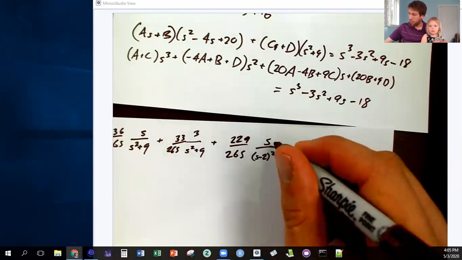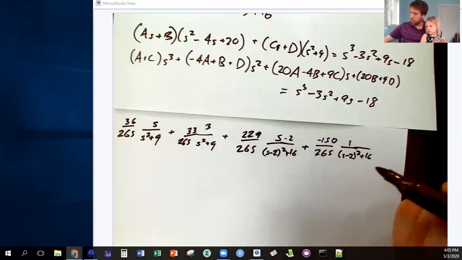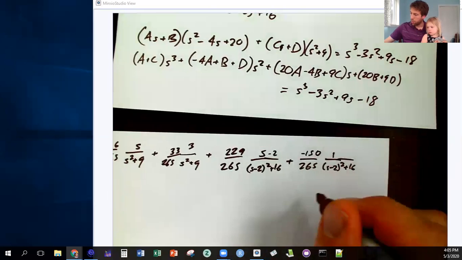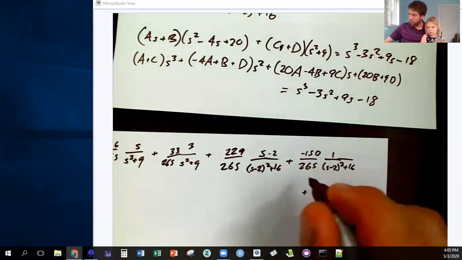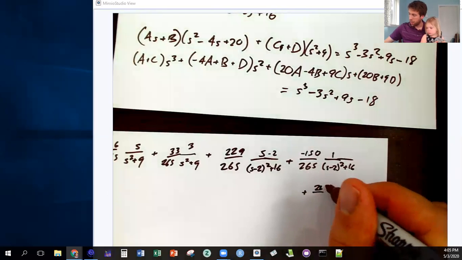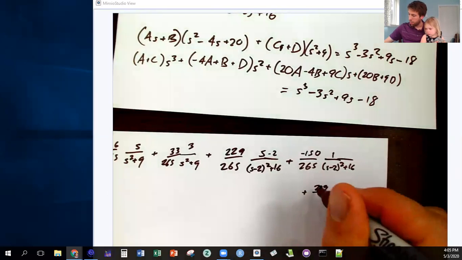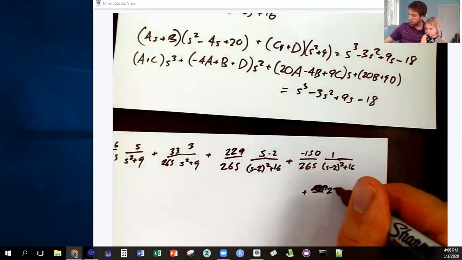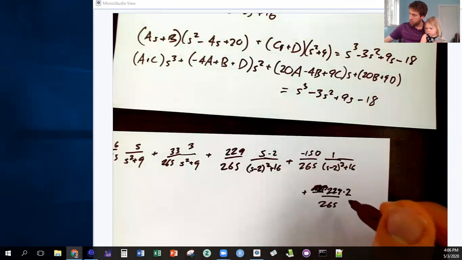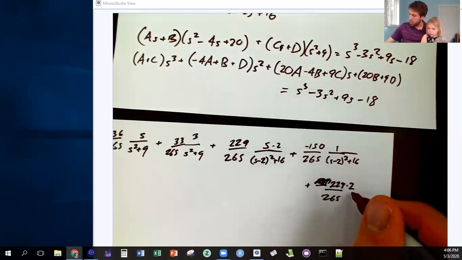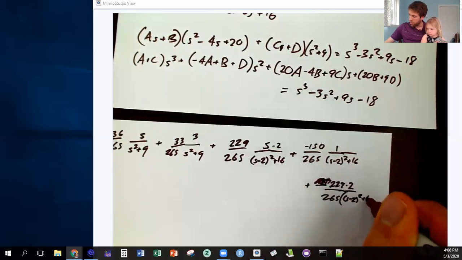So I'll do minus 2 there, and then I'm running out of room, so plus 2 over, no, I still got to keep that fraction there, 229 times 2 over 265 over s minus 2 squared plus 16.